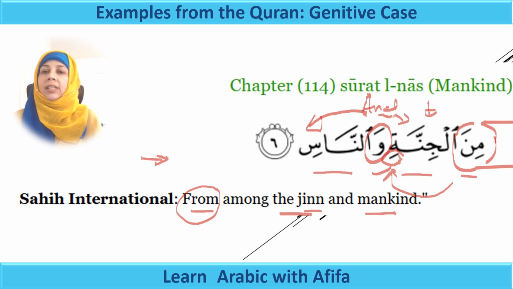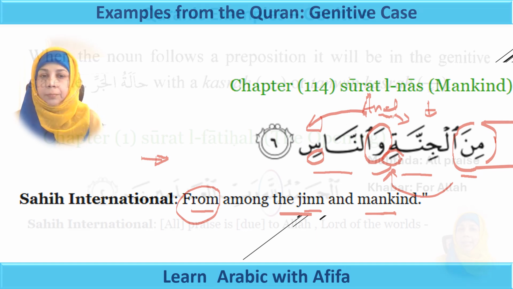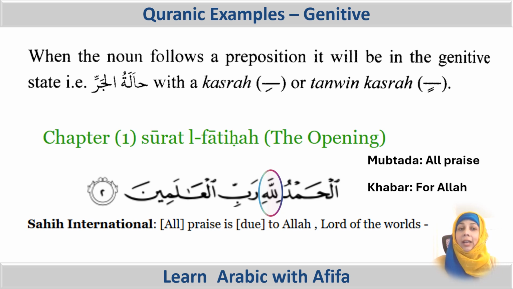That's why it is wan nasi, also with a kasra. So an nasi is also majrurun by the min. Okay, so it's the waw that carried it forward. So from among the jinn and mankind. An-nasi is mankind. Let's now take a look at another very commonly recited verse.